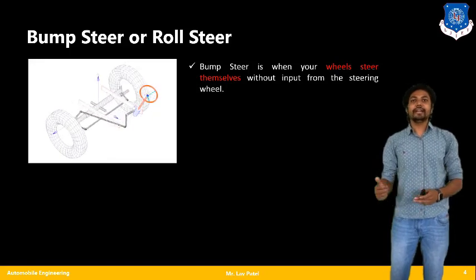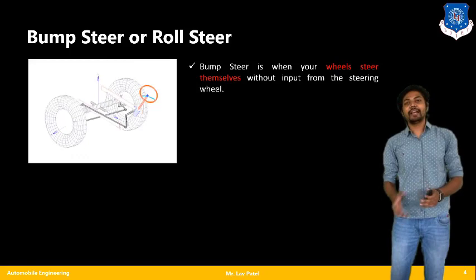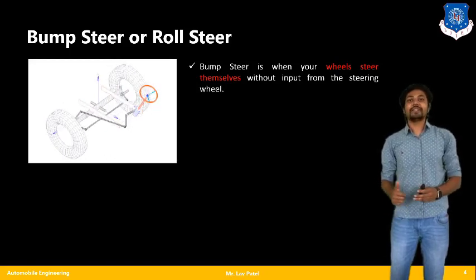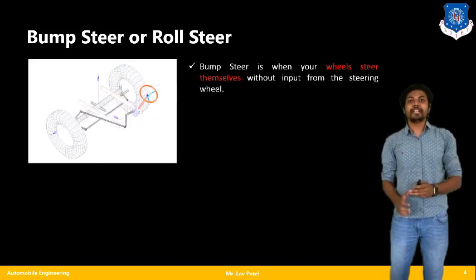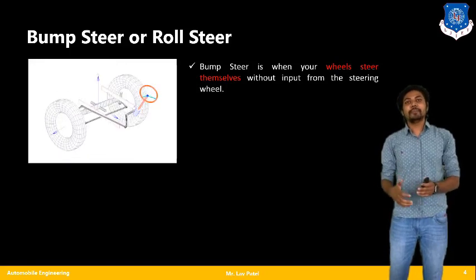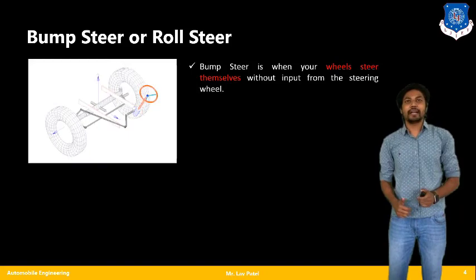Here you can see in the image, due to that bump or road condition, my left tire and right tire go up and down, and a suspension effect is created. Due to that suspension effect and the tie rod, my steering is about to rotate itself towards the left and right direction.